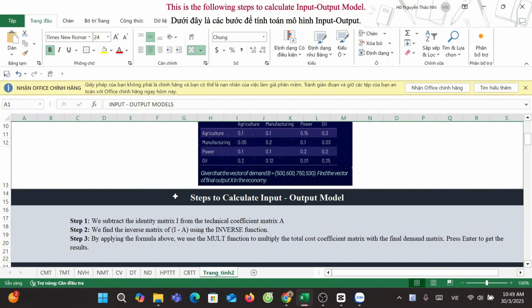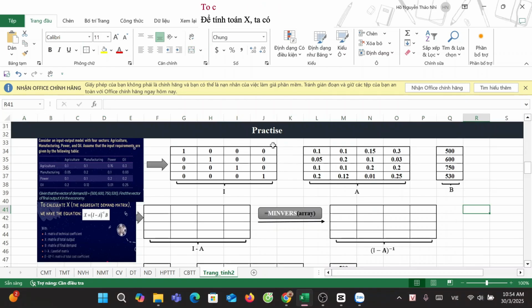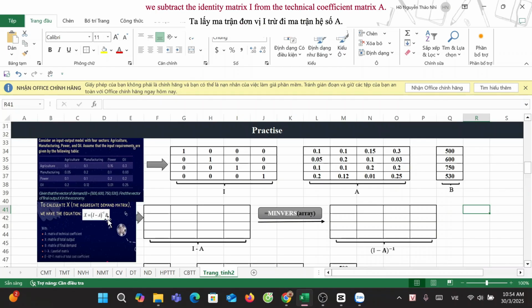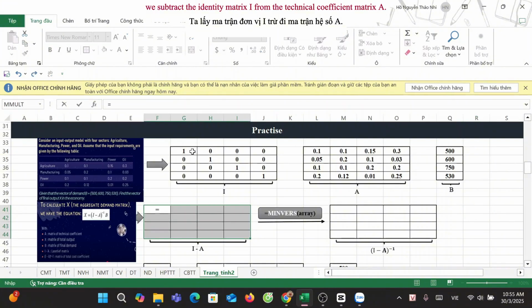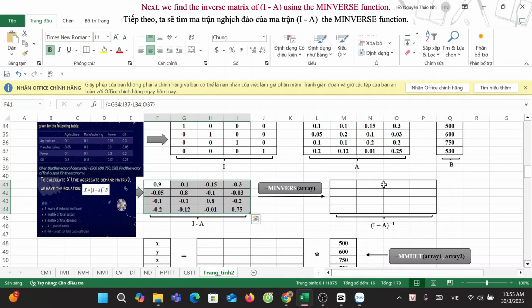These are the following steps to calculate the input-output model. Now, let's practice. To calculate it, we have the equation. To find the I minus A matrix, we subtract the technical coefficient matrix A from the identity matrix I. Next, we find the inverse matrix of this using the inverse function.